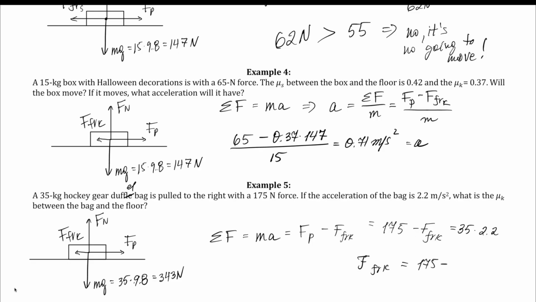That's like 77. So that's going to be 98. Then mu kinetic is going to be the ratio of 98, which is force of friction, to normal force, which is 343, just like gravity. 98 divided by 343 gets us 0.29. No units because it's just a ratio. So that's our coefficient of kinetic friction.